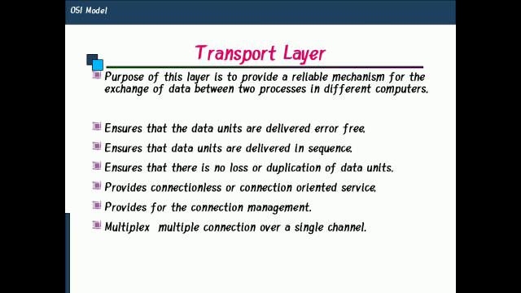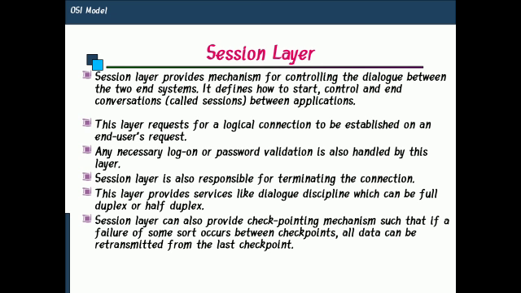Coming to the next layer, it is the session layer. The session layer provides the mechanism of controlling the dialogue between two end systems. It defines how to start, control and end conversations between applications. The layer requests a logical connection to be established on an end user's request. Any necessary logon or password validation is also handled by this layer.